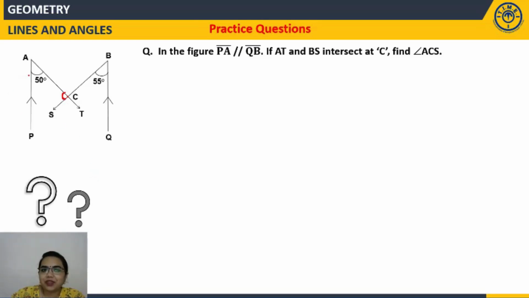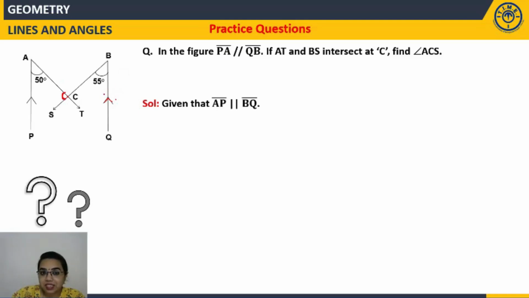Is there any way here? We are just having the concept of parallel lines. We know which pairs of angles are equal and which pairs of angles are supplementary, right? Now with that knowledge, we should be able to solve this. One clue here is PA is parallel to QB. Would it have been better if there was a line parallel to these two lines AP and BQ?